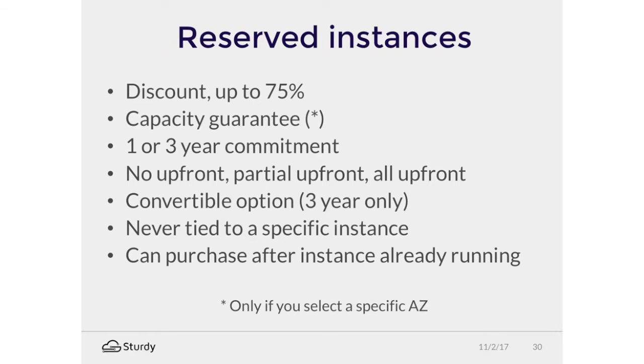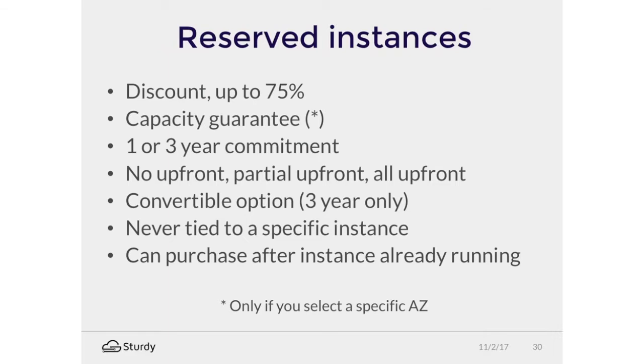Partial upfront will always be more discounted than no upfront. And then the last one is all upfront. This is where you actually pay for the entire consumption period in a lump sum. This gives you the largest discount. There are no hourly fees after you pay this for that instance. But of course, it has the disadvantage perhaps of being capital intensive. For many, many customers, partial upfront hits a really nice sweet spot.